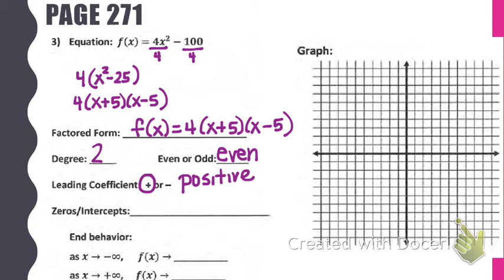Okay, so now we're going to find our x-intercepts. We're taking only our parentheses, setting both of those equal to 0, and solving them both to get your two x-intercepts.